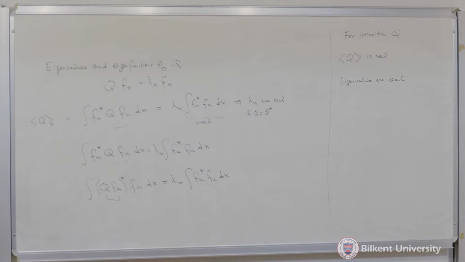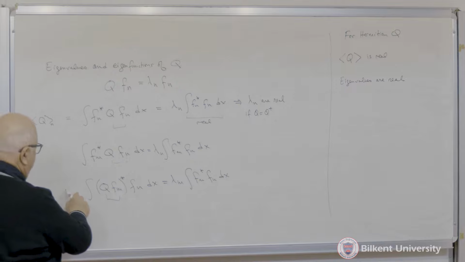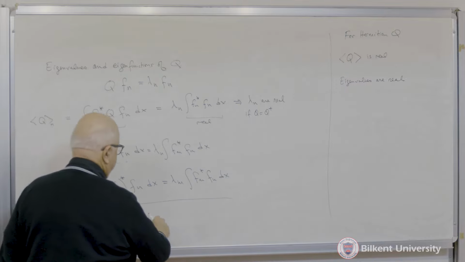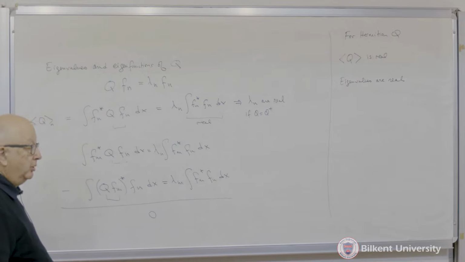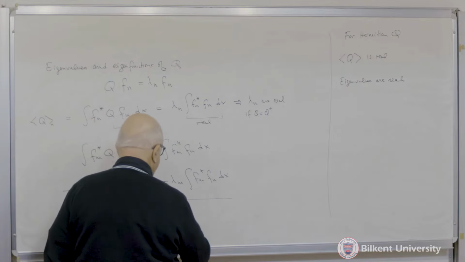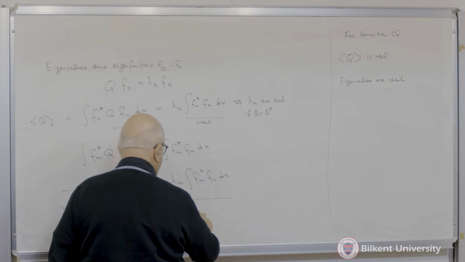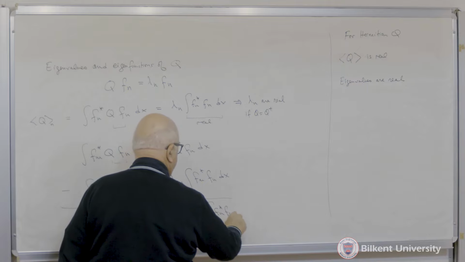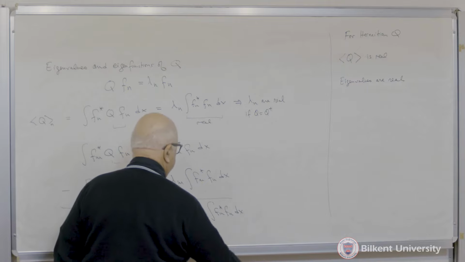Now let me just subtract these two equations from one another. I know that the left-hand sides are equal, so the left-hand side is going to give me 0. And the right-hand side is going to give me lambda m minus lambda n times the integral of fm star fn dx.